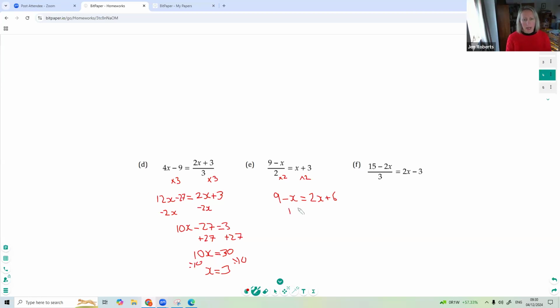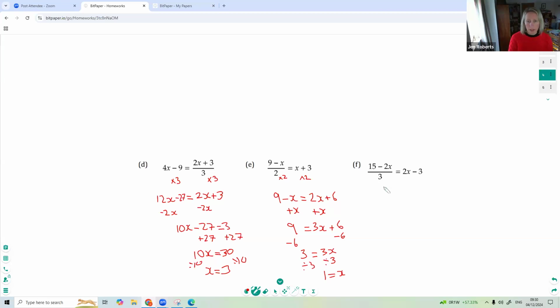So hopefully you remember to add an x to both sides here, which gives you 9 there, 3x plus 6 here. Now I'm going to take 6 off both sides. So 3 equals 3x. Divide both sides by 3. x is 1, or 1 is x.